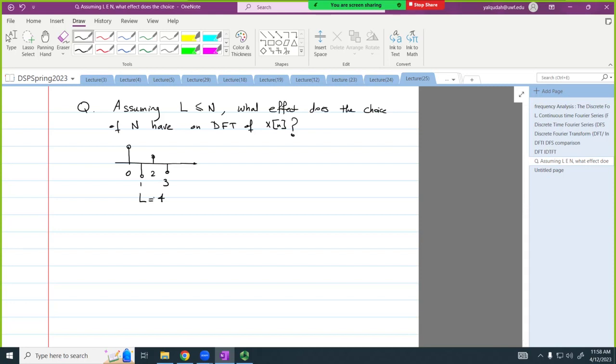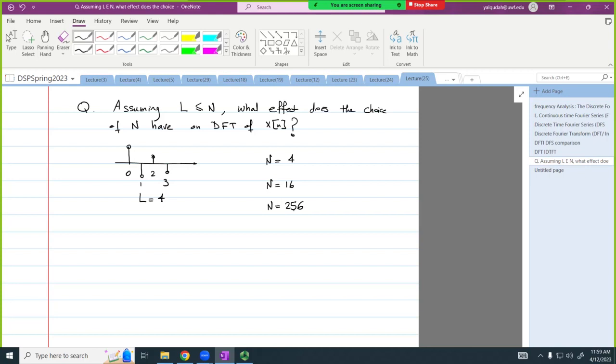Somebody says, I'm going to choose n equal to 4. Somebody else says, I'm going to choose n equal to 16. Somebody is going to choose n equal to 256. What is the impact choosing n will have on the appearance of the discrete Fourier transform?